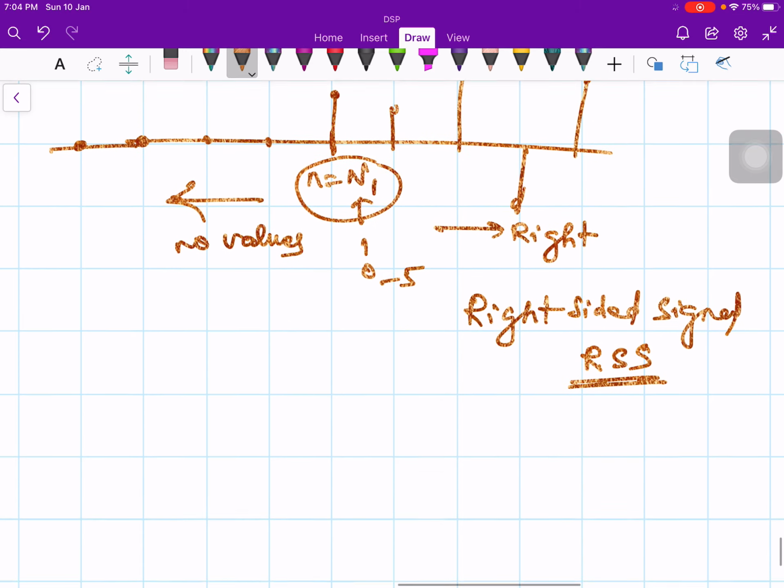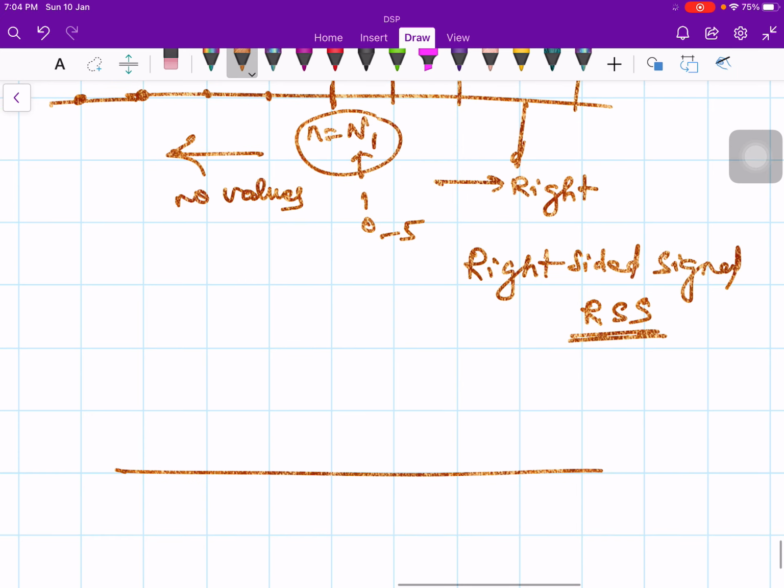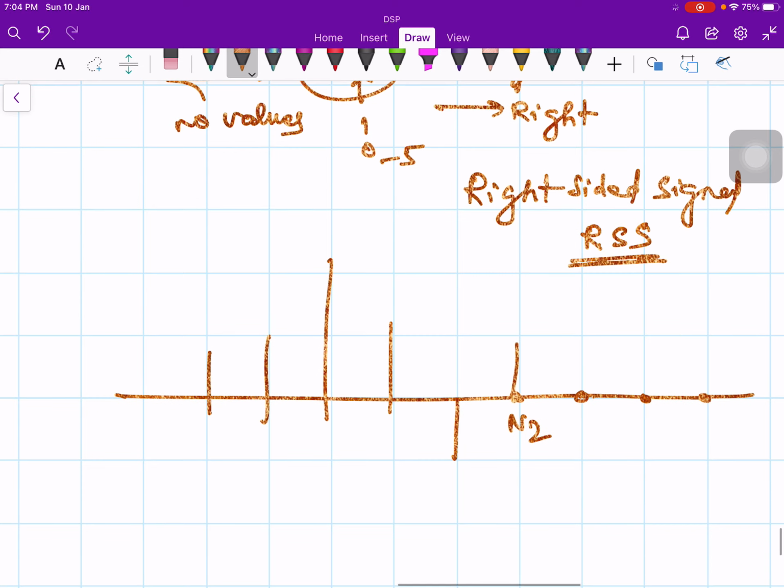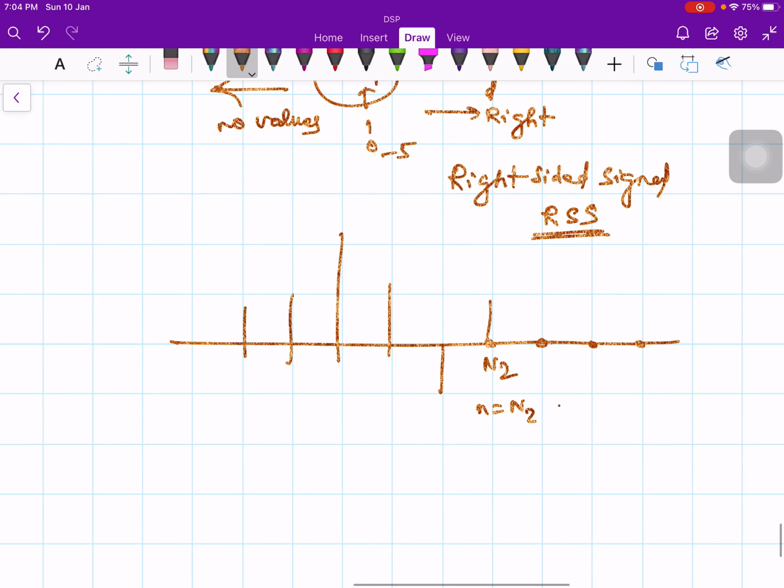On the other hand, if the signal exists to the left of a point, let's say this point is N2, and it exists like this. So let's say n is equal to capital N2, and to the right side, no signal up to infinity.